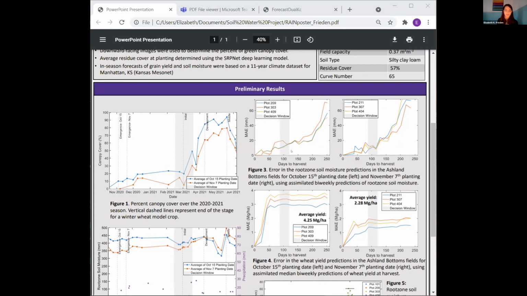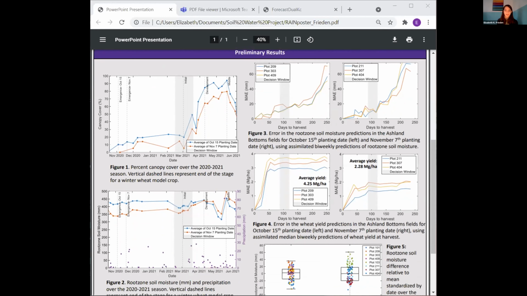Then the change in error slows down around 200 days, which is around December for the October 15th planting date and near February for the November 7th planting date. Both of these are before the required decision window of mid-February to mid-March. That indicates that based on root zone soil moisture alone, producers could change their inputs with some accuracy in this decision window.